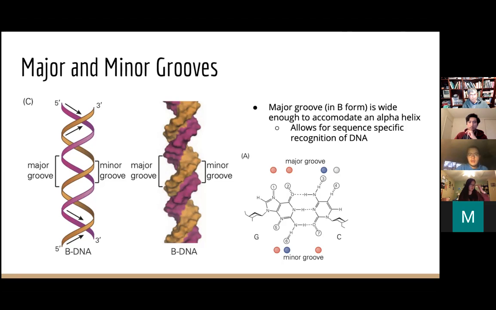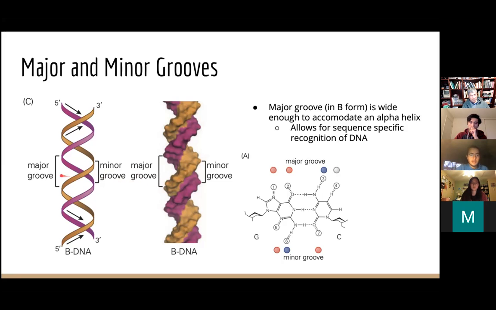For example, DNA synthesis. In DNA synthesis, proteins have to come and read the sequence, or in RNA synthesis, again, proteins have to come and bind to the DNA and read the specific base sequence of the DNA.